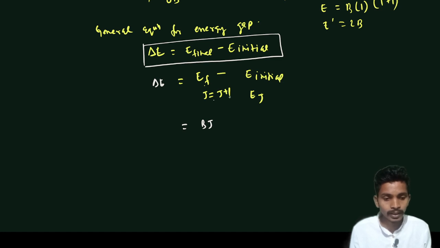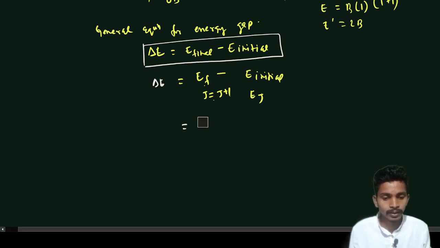Here we are taking J as J plus 1. So what do I write here? E dash is B J(J+1).